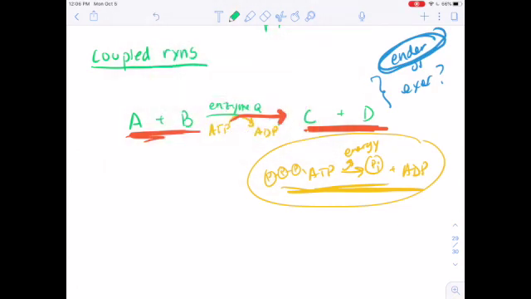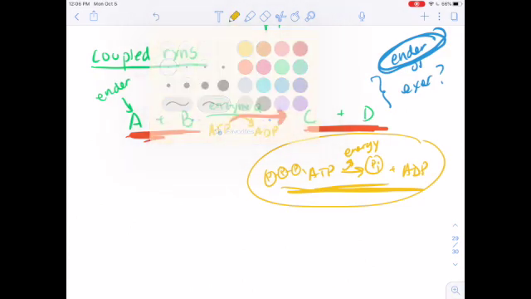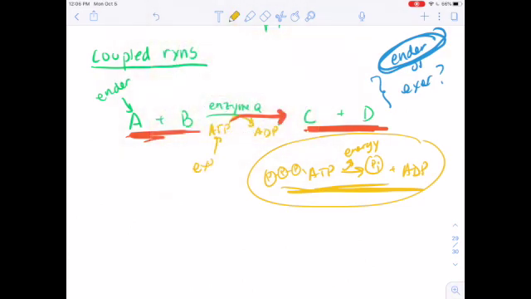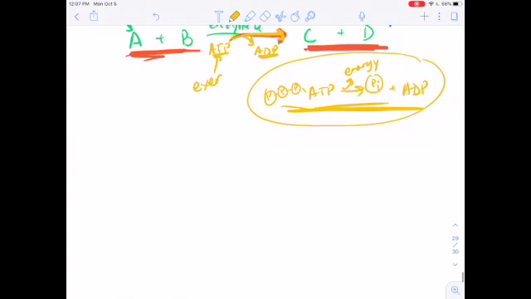So this one in green here, this is endergonic. And this one in yellow here, we know that's exergonic. It releases energy. And the energy that this releases is going directly in to power the main reaction, A plus B going to C plus D. These are called coupled reactions. Please make sure you get that straight, because I'll probably ask you that on the next exam.